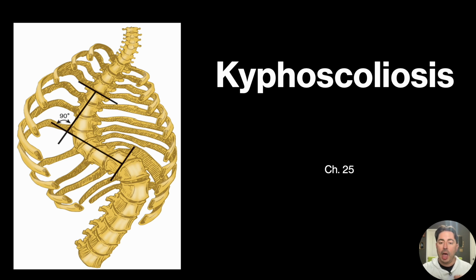Kyphoscoliosis is a combination of kyphosis and scoliosis, and we're going to see how it's going to impact your respiratory system. It may surprise you how much is impacted by this curvature or irregularity of the spine.